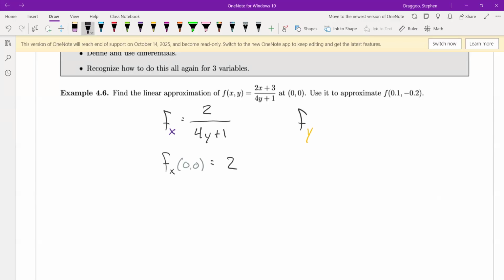So if I'm going to go get the derivative of this next thing, well, let's see. I'm going to have to bring down a negative (2x plus 3) over (4y plus 1) squared. And then the chain rule says I should also multiply by 4.